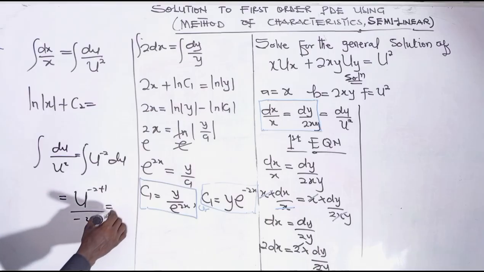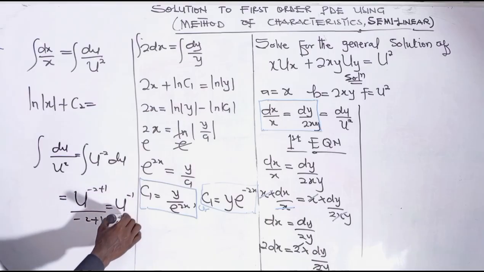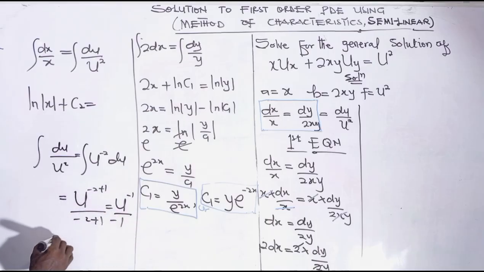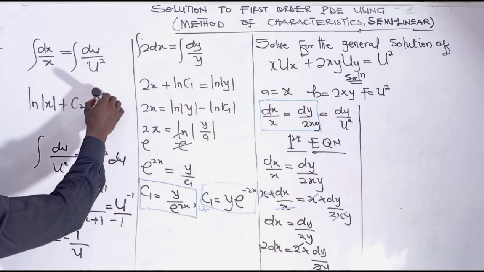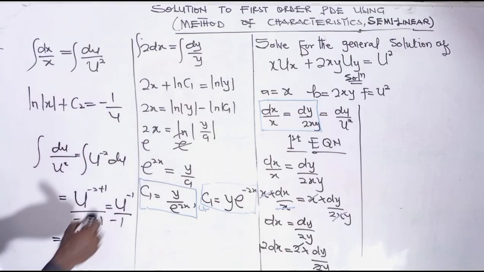And that is going to give us what? u exponent negative 1 all over negative 1. And finally, we are going to have negative 1 all over what? u. So when you integrate du over u squared, we are going to get what? Minus 1 all over u. Very, very easy and simple.